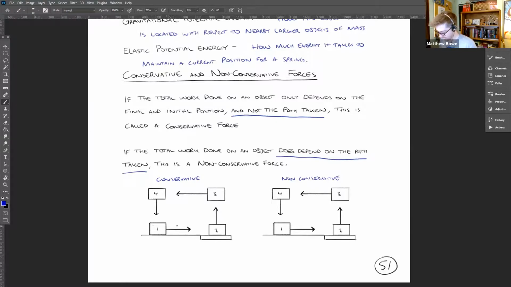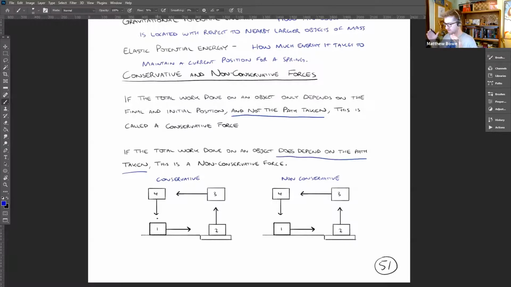Let's say I push a box to the right on some sort of loading area and it's lifted up by a crane to position 3, and then the crane brings it back over. It decided it didn't want it anymore, and it brings it over. That is frictionless, and then it lowers it down to its starting point. So where does it start and where does it stop? It starts right here and it stops right here.